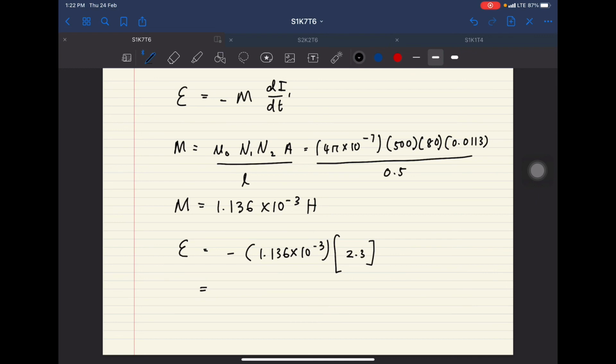Okay, the answer would be 2.61 times 10 negative 3 volt, don't forget the negative, or you can write millivolt. Negative 2.61 millivolt. Okay.